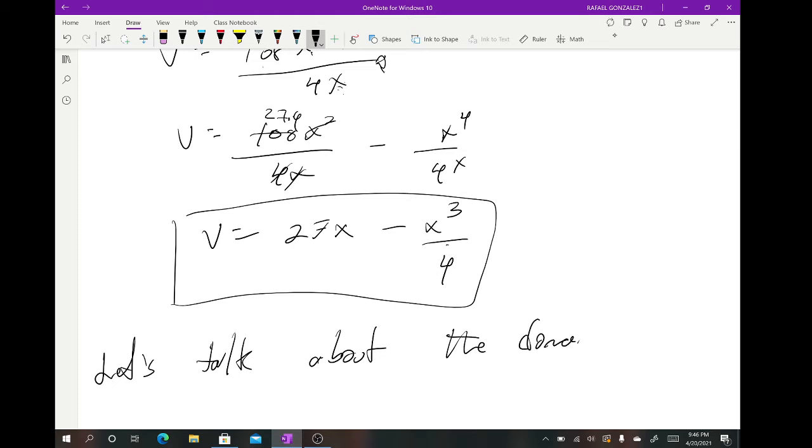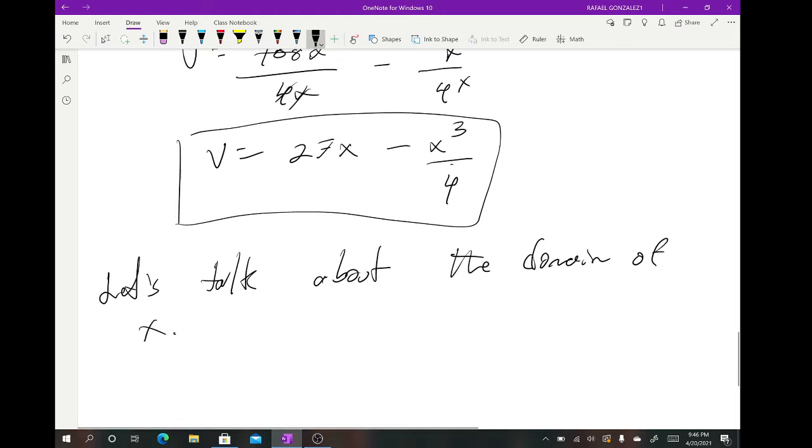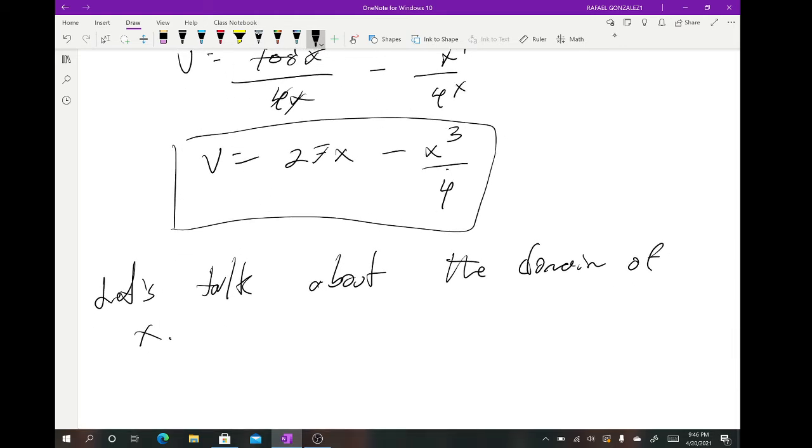Remember, the domain is all of the values that make sense for the problem. So clearly, because we're talking about volume and we cannot have negative volume, x has to be bigger than or equal to 0. So that's number 1. We definitely need it to be bigger than or equal to 0.